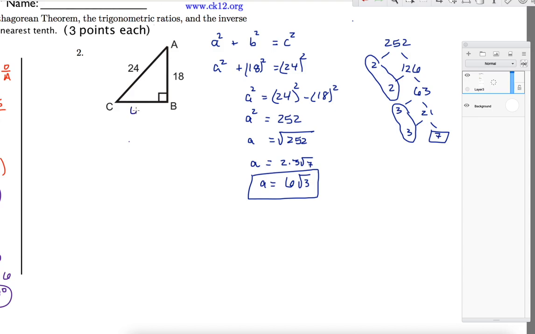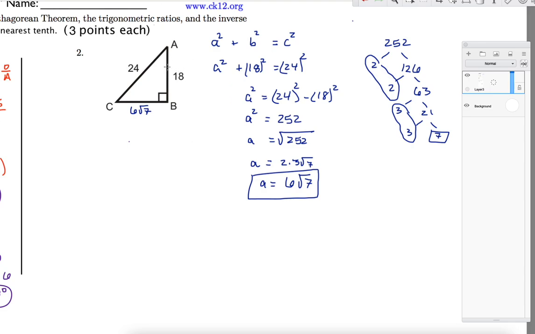Okay, so this leg right here is going to be 6 root 7. Sorry, I said 6 root 7 and then wrote 3. That's a 7. Okay, so now we still have 2 angles that we do not know.